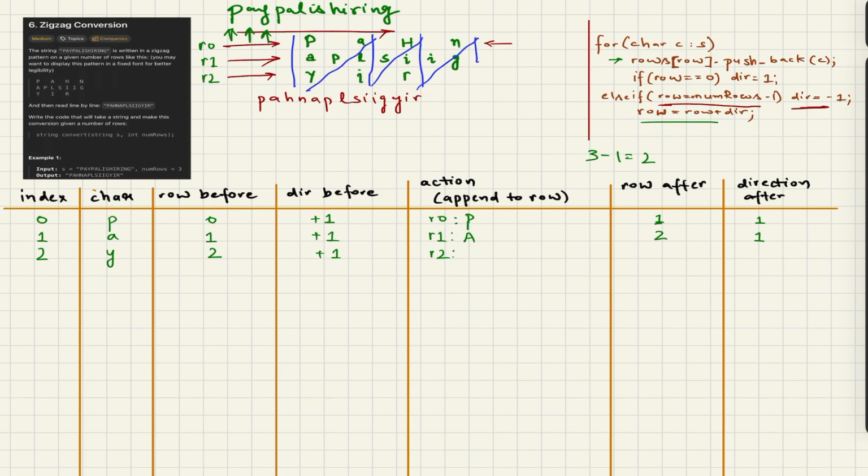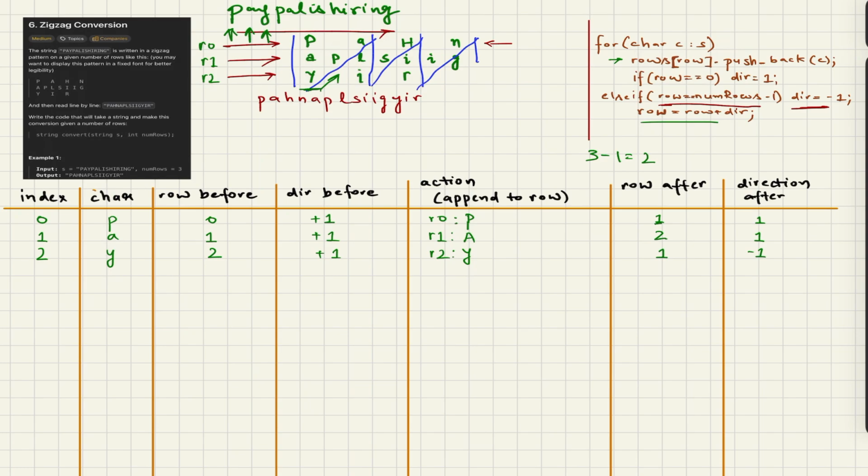In row 2 I will append Y. Now, is my row equal to numRows minus 1? Yes, it is. So my direction will become -1, and my row will become row plus dir, which is 2 plus -1, which is nothing but 1. That means I am at this point, and now I have a change of direction.